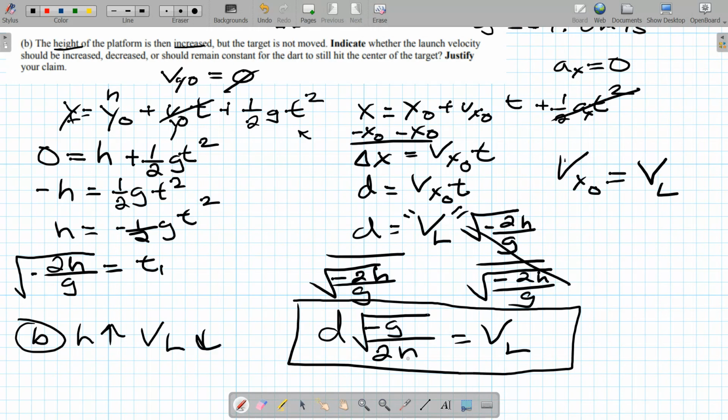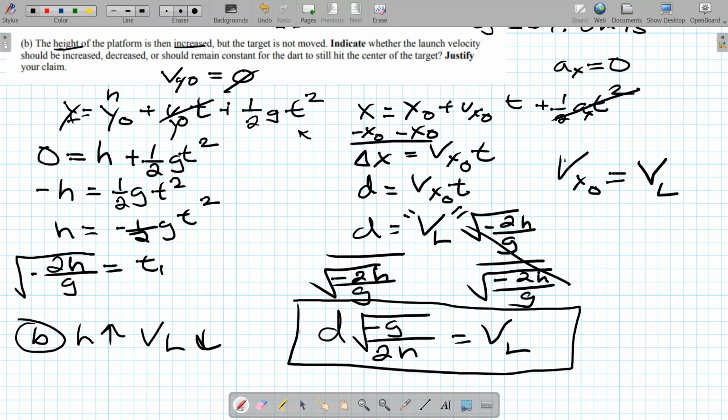Because if I increase this number, it's in the fraction of a square root times the distance. So this would lower that value. And then it says the other scenario, that's basically it. That's part B.